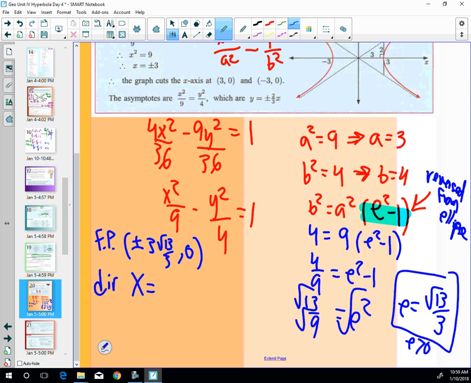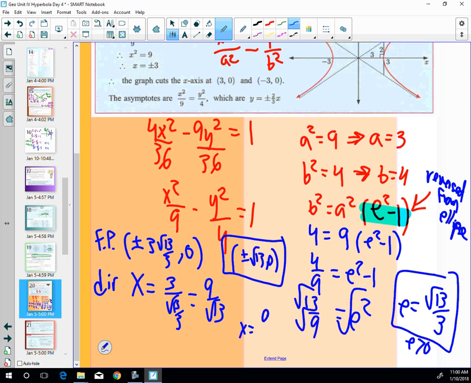So a is 3 over root 13 over 3. So this is going to be 9 over root 13. The focal point is plus or minus root 13, comma 0. And x equal to plus or minus 9 over root 13, that's the directrix.